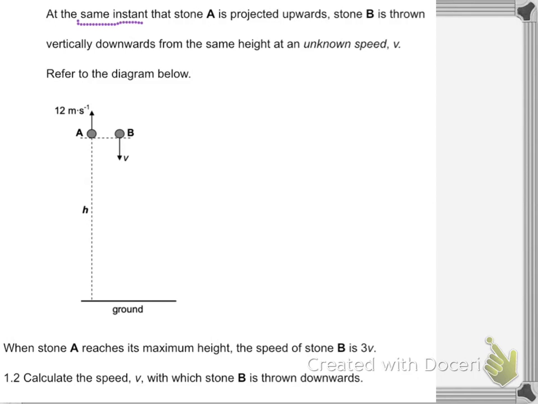So we've got v and 3v of stone B. That's the initial and the final velocity of stone B, and we've got the time because it's the same time that it takes for stone B to move from a speed of v to 3v. That time is obviously the time that we've worked out in the previous example.